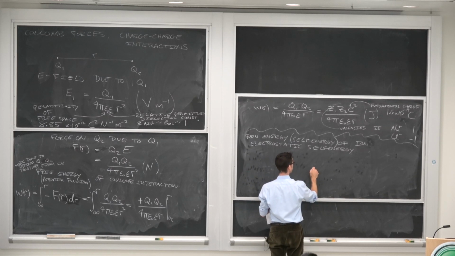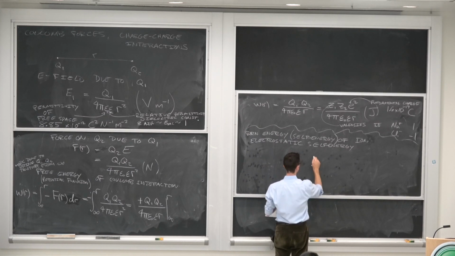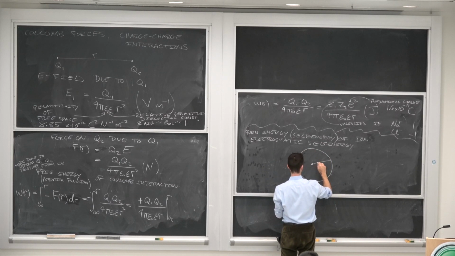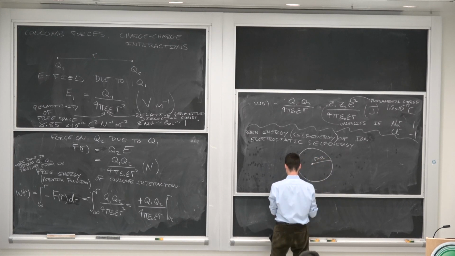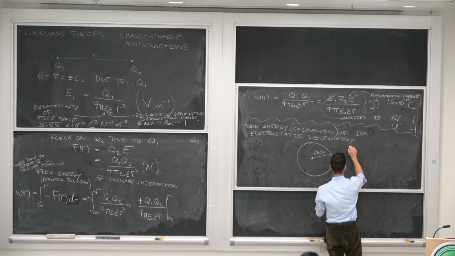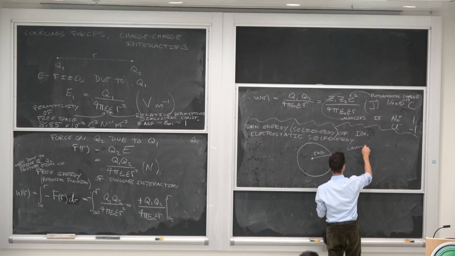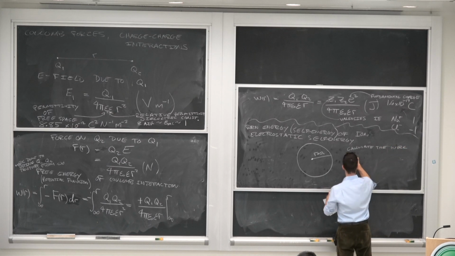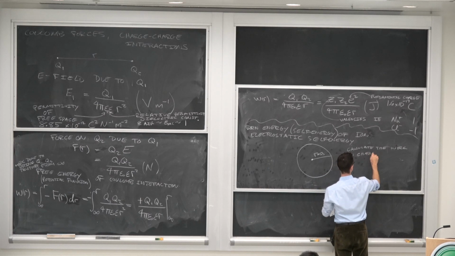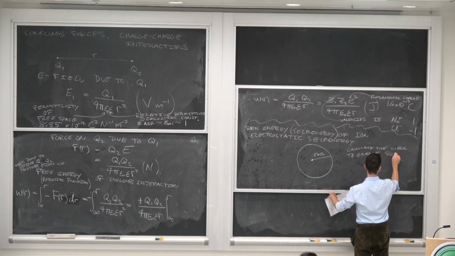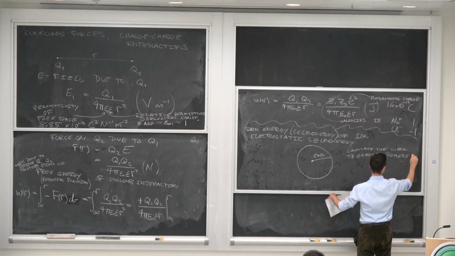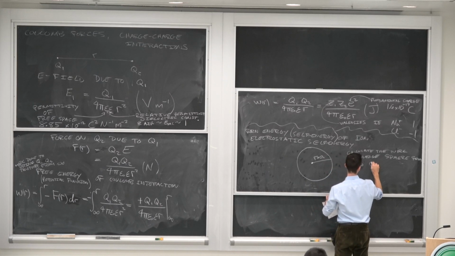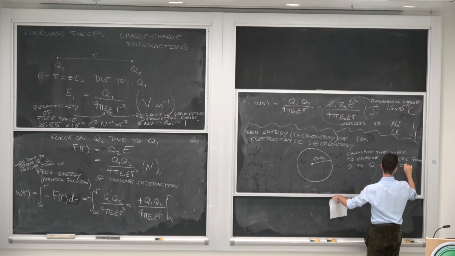So what we're going to have, suppose we have some sphere with radius A, and we're going to calculate the work to charge the sphere from 0 to big Q in increments of dq.